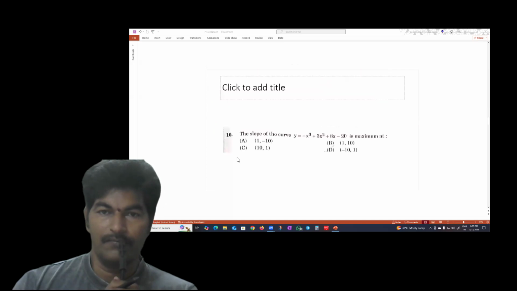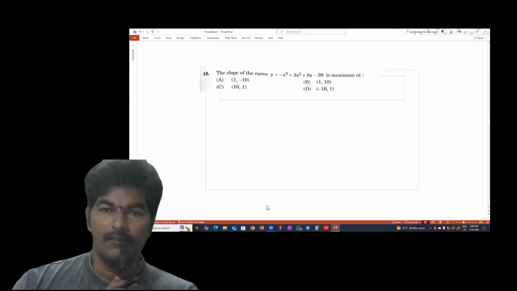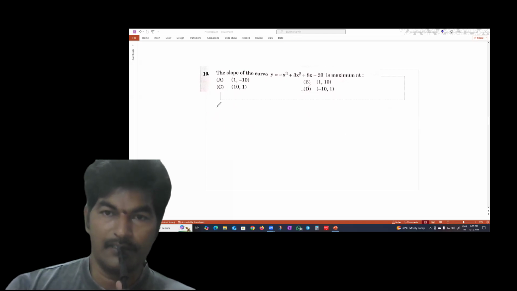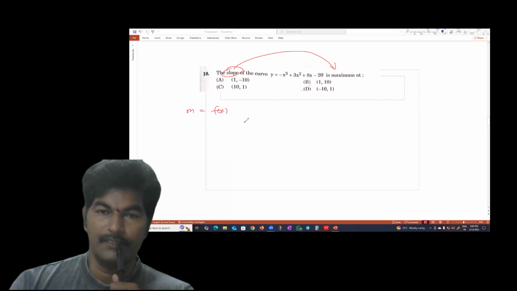Look at question number 10: the slope of the curve is maximum at what point. He is talking about slope and maximum. First, we need to create the slope. So m is f of x here, and m means dy by dx.